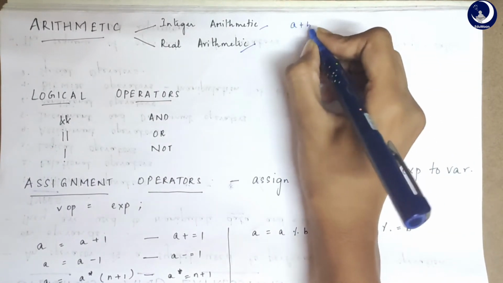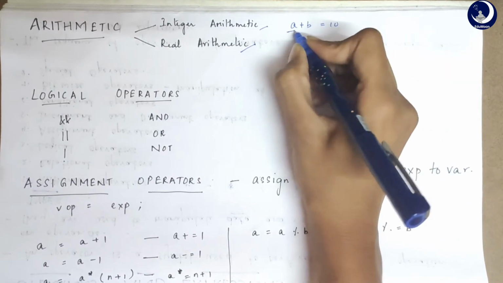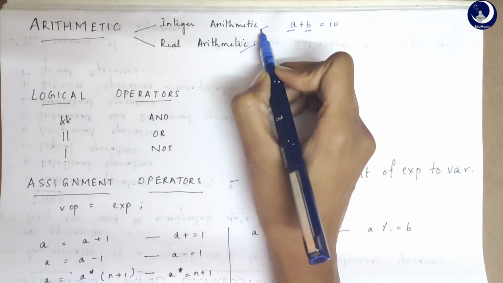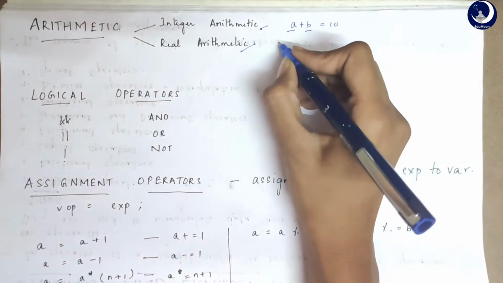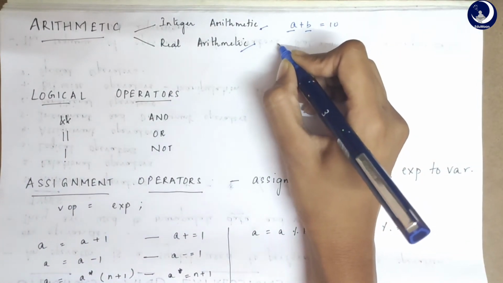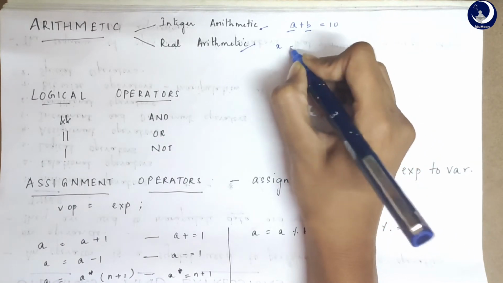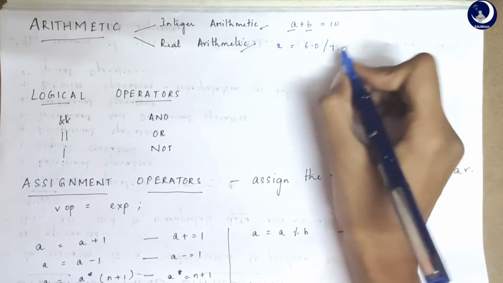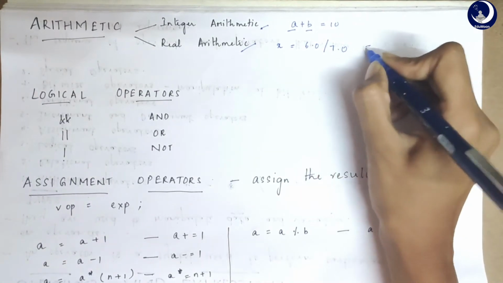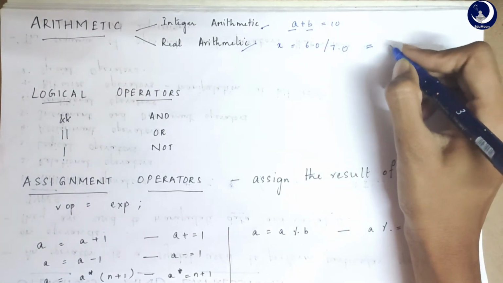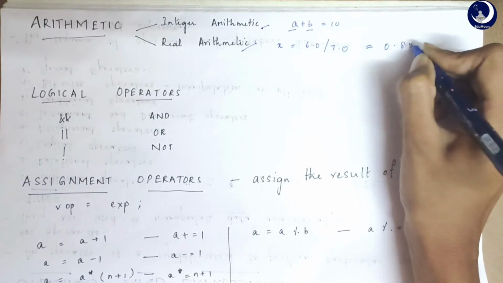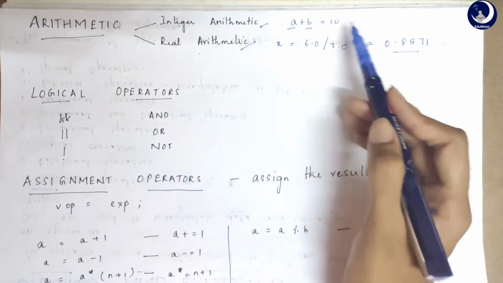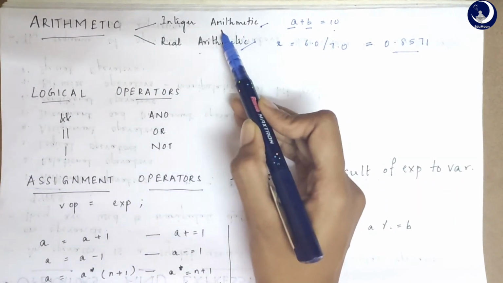A plus b equal to 10, provided a and b are integers, is called an integer arithmetic. In real arithmetic, as we discussed in data types, if x is a float data type, 6.0 by 7.0 on division will give a float value, which is 0.8571. So this is a real arithmetic and this is an integer arithmetic.